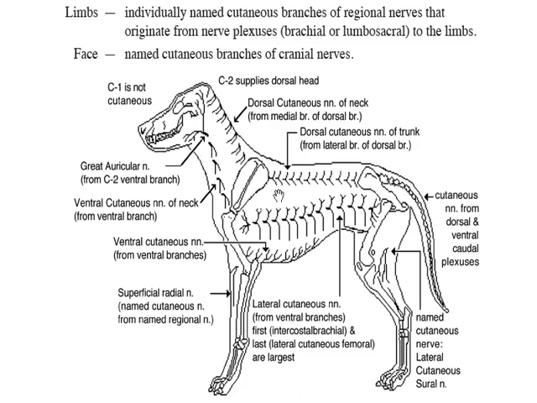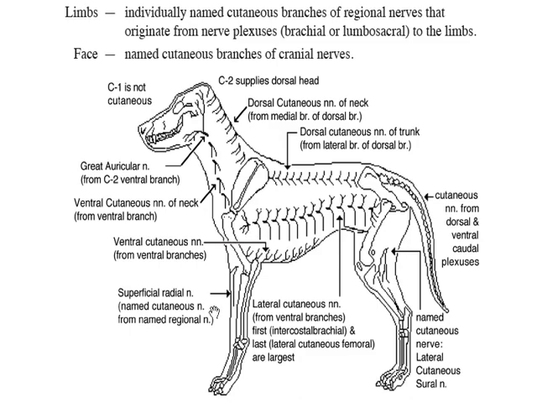In the trunk, dorsal and lateral cutaneous nerves are significant. They are numbered T6, T7, etc., except for the very first, which may be called intercostobrachial, and the very last, which may be called the lateral cutaneous femoral nerve.